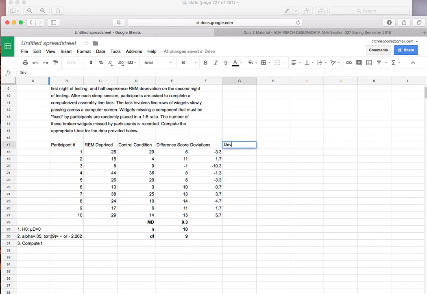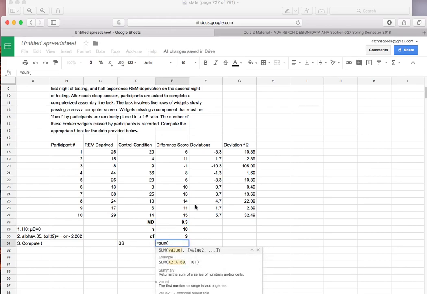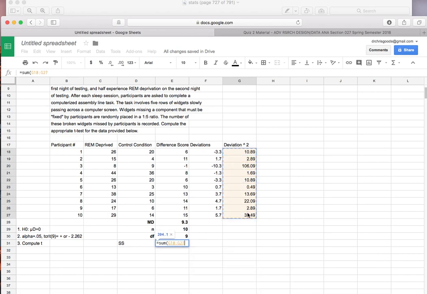Then we're going to square the deviations of each difference score from the mean difference score. Now we'll do the sum of squares. That's the sum of the squared deviations of each difference score from the mean difference score.